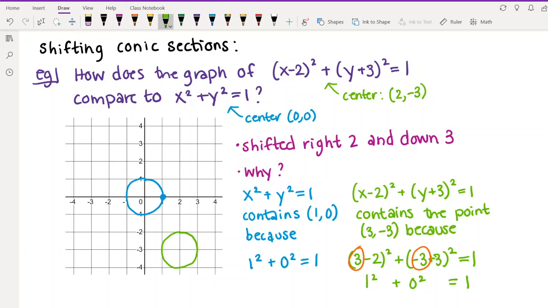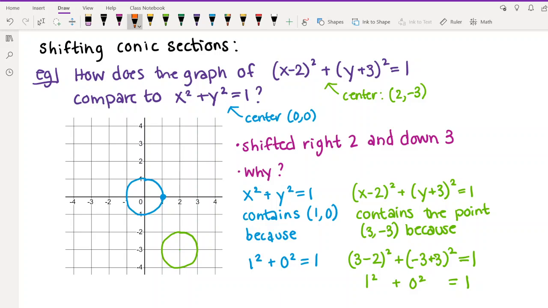So where is that shift coming from? It's coming from the fact that in order to achieve the same result that we had at the point 1, 0, instead of plugging in 1 for x, we had to plug in 3 for x because we are subtracting 2 from it, right? Whatever we're plugging in for x, we're then subtracting 2 from that number. So in order to get the same corresponding result to what we got in the first circle, we need to plug in a 3 for x.